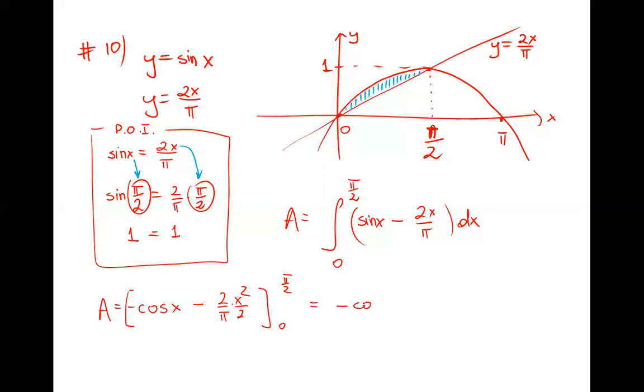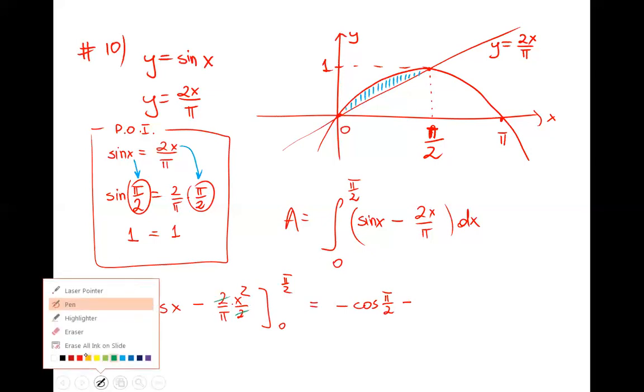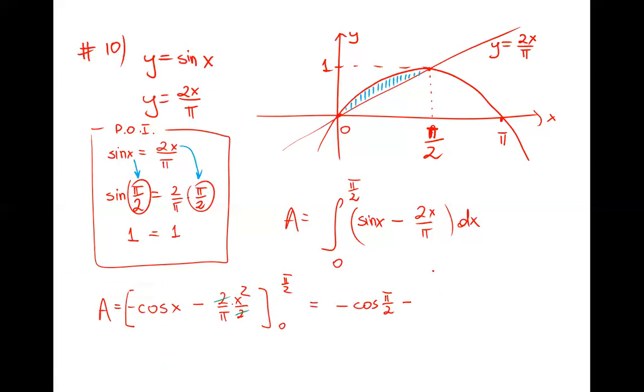Substituting the upper limit and lower limit: cosine at pi over 2 minus, I can definitely cancel out these 2's. I will substitute pi over 2 squared instead of x, and another pi in the denominator stays.